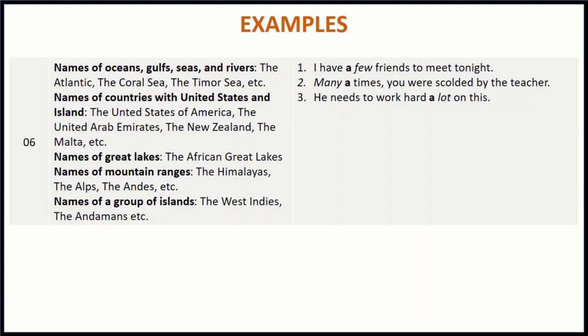Now, the reason why we need the with these, but not with those in rule number 5. Well, because you see, there are so many other examples where we find the names of these even in other places.